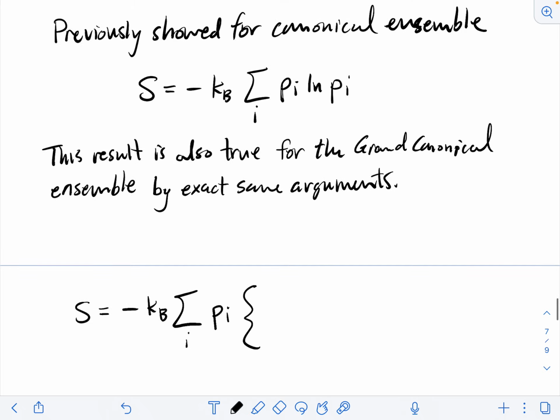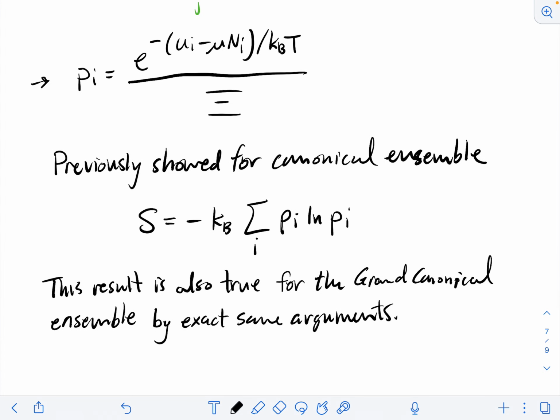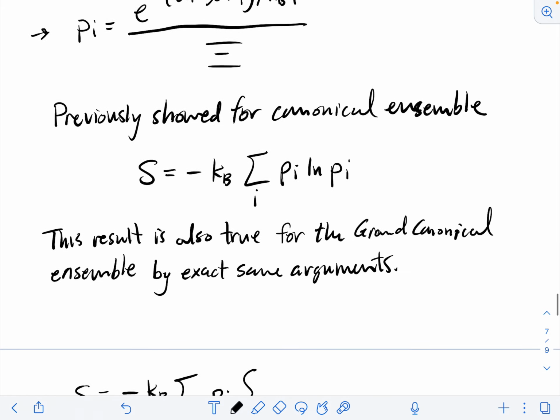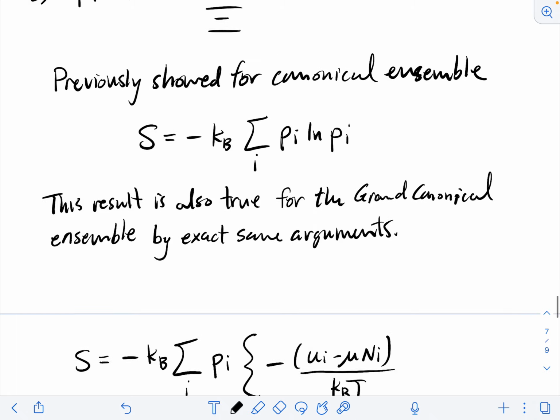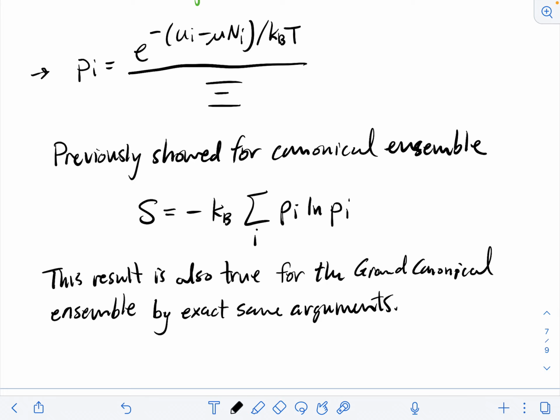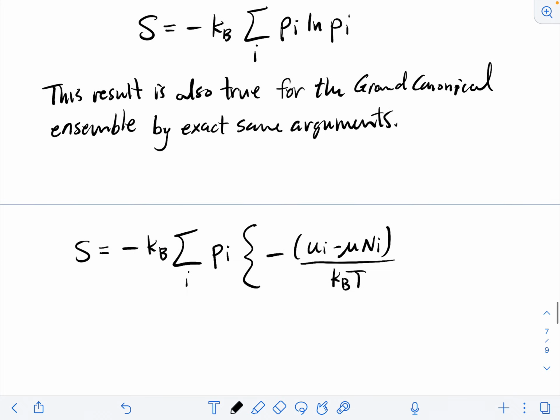The ln of p_i is going to give us minus (U_i minus mu N_i) over kB T, and then we have minus the ln of the grand partition function.